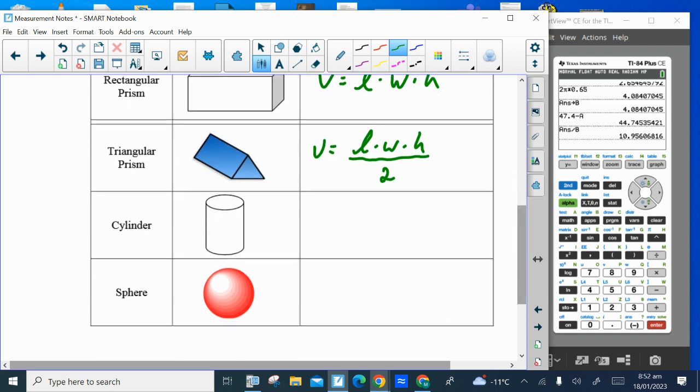The volume of a cylinder is pi r squared times h. So again, these are all in the formula sheet. Don't have to memorize them. And the volume of a sphere is 4/3 pi r cubed. That is the same thing as 4 pi r cubed all over 3. Right? They mean the same thing.